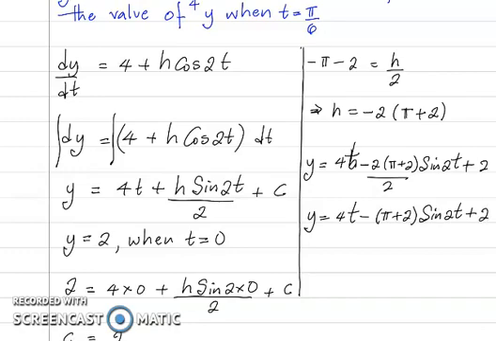All right, and we're asked lastly to determine the value of y when t is equal to pi by 6.